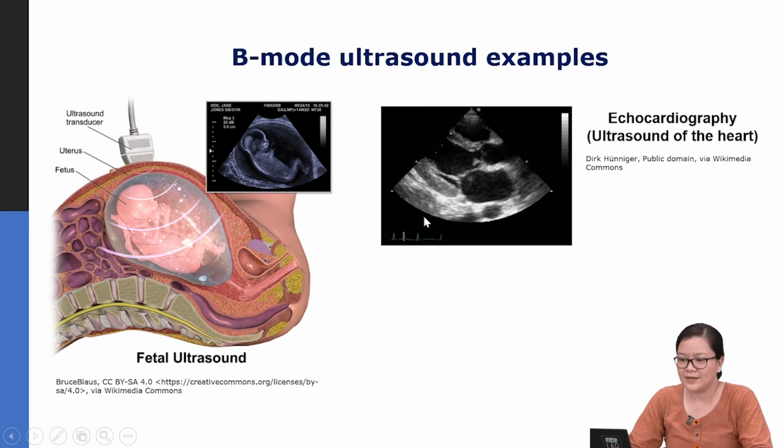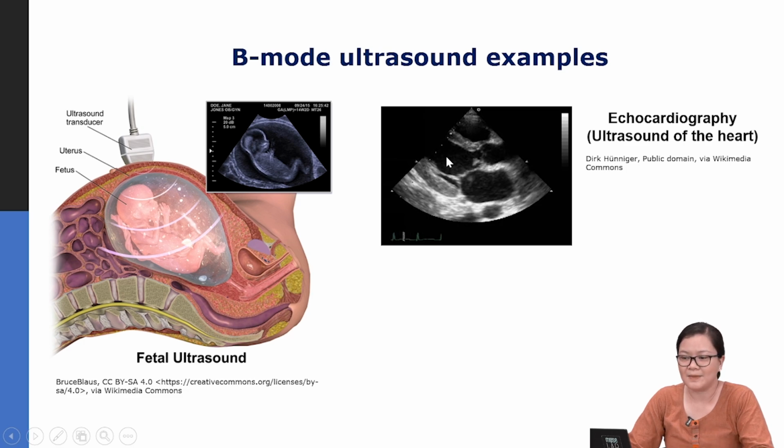And you can see here, this is what an ultrasound image of a heart looks like. And since B mode has high frame rates or high pulse repetition frequencies, you can actually image a moving object in real time. So what you're seeing here of the heart is the chambers of the heart. And in the chambers of the heart, you have blood.